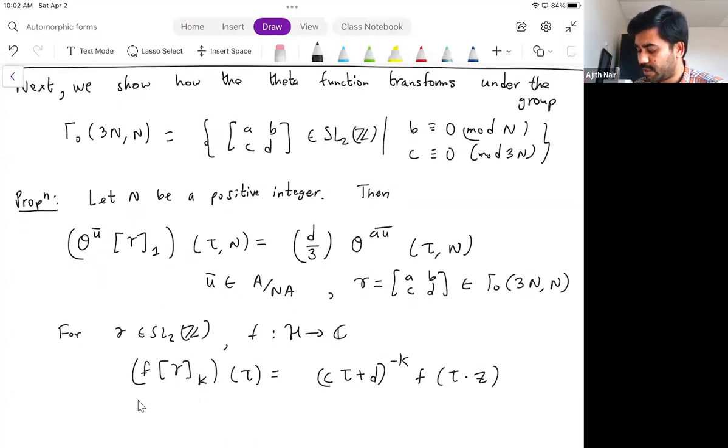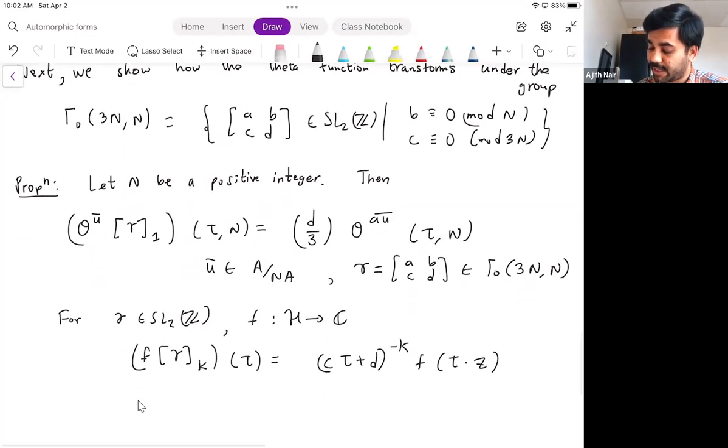The modular form is something which is invariant under this weight k operator, because you want this to be equal to f. That's what modular form means, the modularity condition.